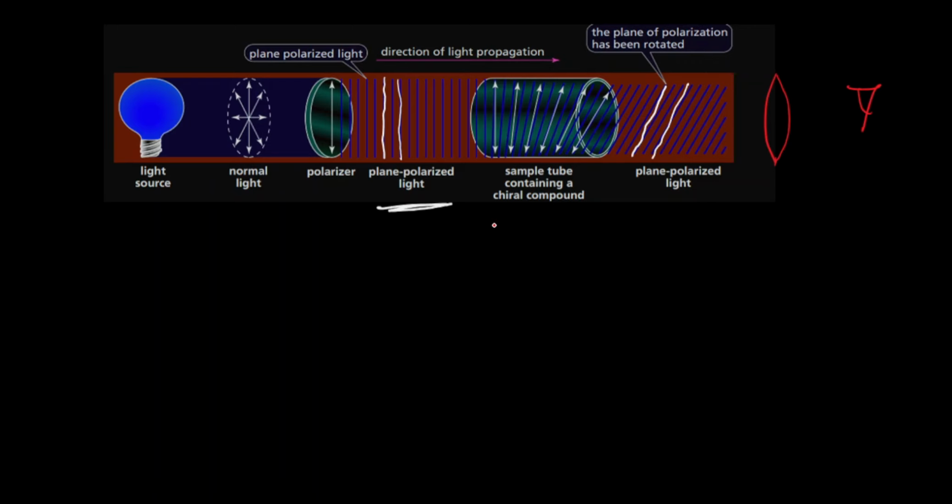Since light is able to pass through the analyzer, of course the observer is able to see that there's no longer total darkness. So we have our point of zero rotation.